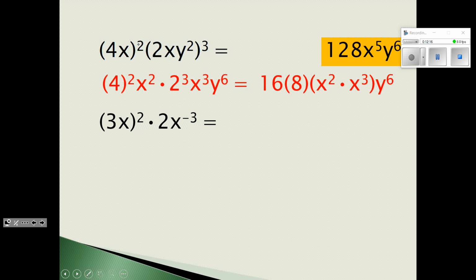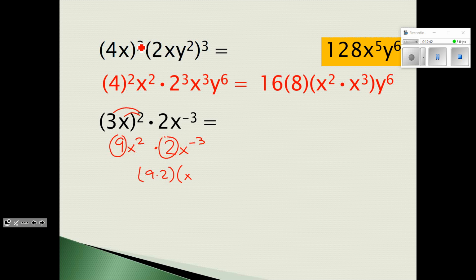All right, in this example, you have a set of parentheses to start out with, so we distribute the squared to both of these. We know that 3 squared is 9. X raised to the second power is just x squared. The next part is not in parentheses, so we just have 2x to the negative third power. Now with the distributive property, we can group together our coefficients, so we have 9 times 2.